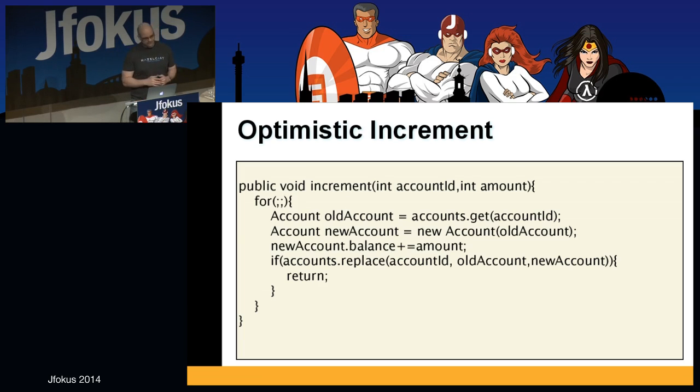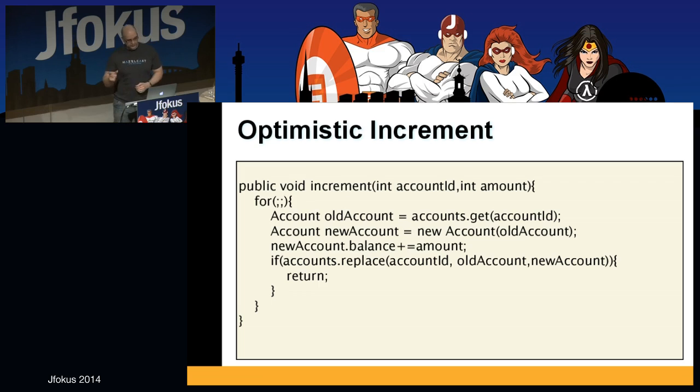In this case, I make it optimistic. So I'm going to do a for loop. I'm going to ask for the account. Then I create a new account based on that old account. This is something very important, because what Hazelcast cannot do is rely on your object reference to do the replace operation. It cannot rely on object reference to do the CAS. So what we do is a binary content comparison.